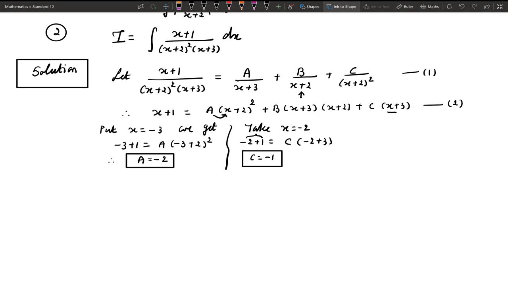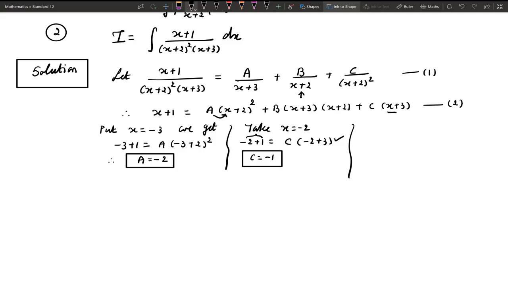So the coefficients of a and b will be 0. C into minus 2 plus 3, that is c equal to minus 1. Now finally, no more constants can be taken, since the factor x plus 2 is repeated once.